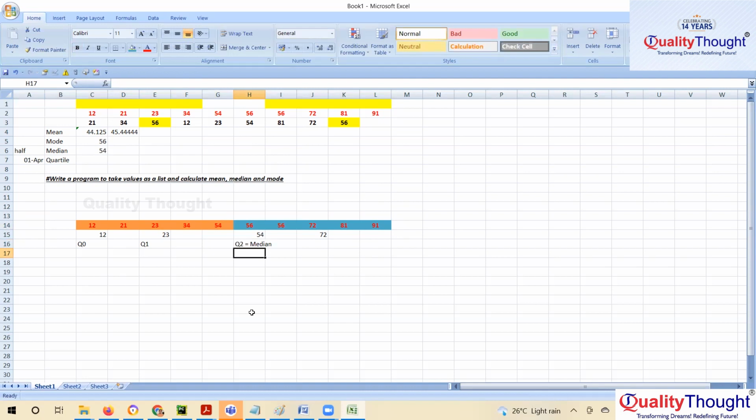Median is the number that is dividing the data set into 50%, 1/2 and 1/2. Then you have quartile 3.